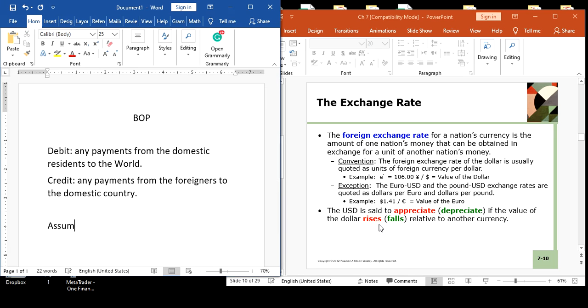So assume we are in the US, the home country. Okay, so the convention: if we use the convention method, we say, for example, Japanese yen. So we state it in this way.